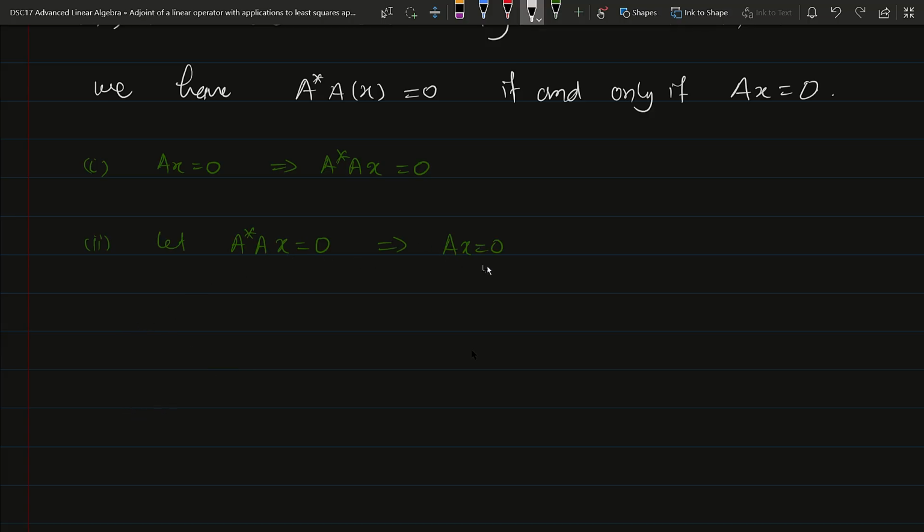ठीक है, अब अगर ये A स्टार A x अगर ज़ीरो है तो अगर हम इसका किसी भी x के साथ इनर प्रोडक्ट लेंगे इन दी Fn, then that will be the 0.